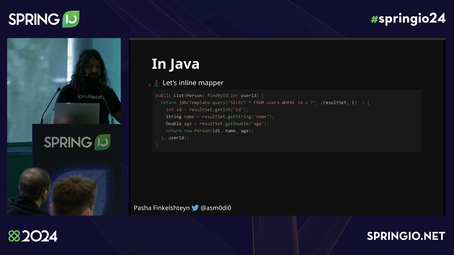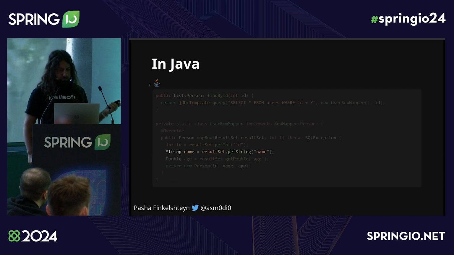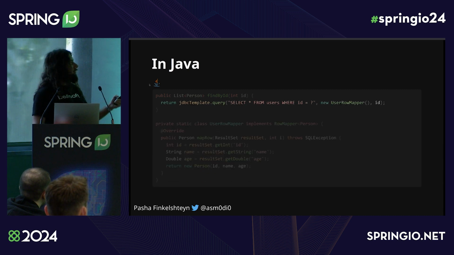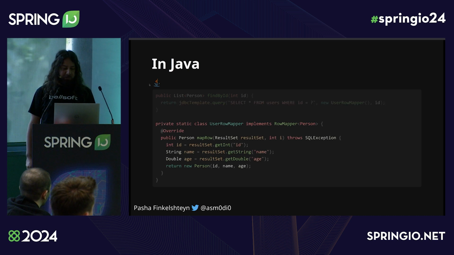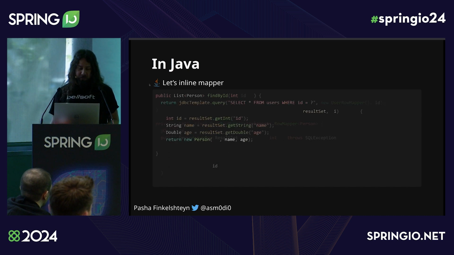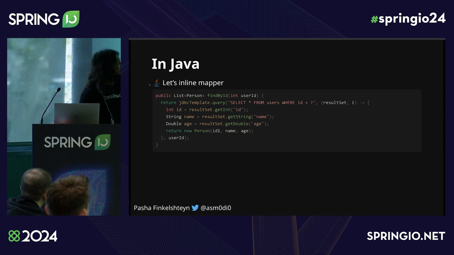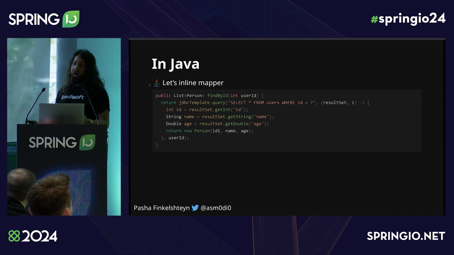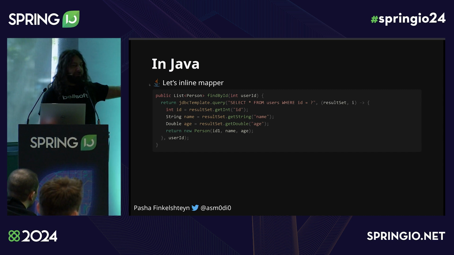We can try to inline this stuff. I didn't like the previous thing, because here we have ID after our mapper. But if we inline it, it becomes even worse somehow. But at least we have our mapper inside our code, because otherwise we will have lots of mappers all over our repository.